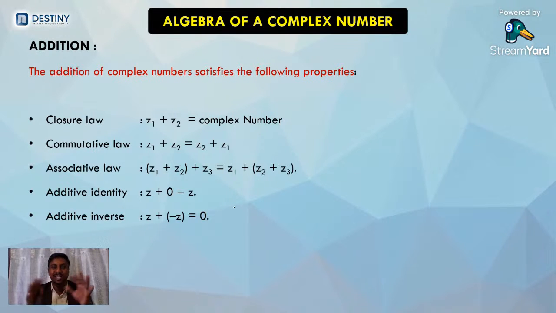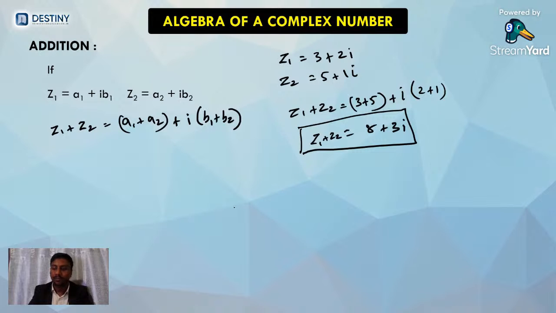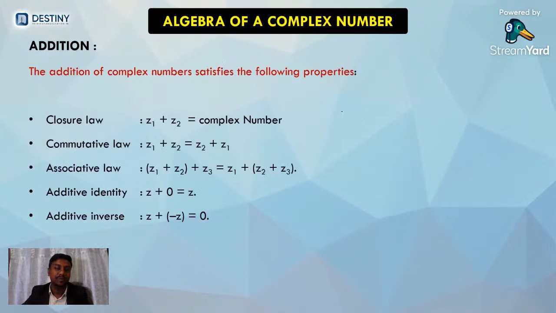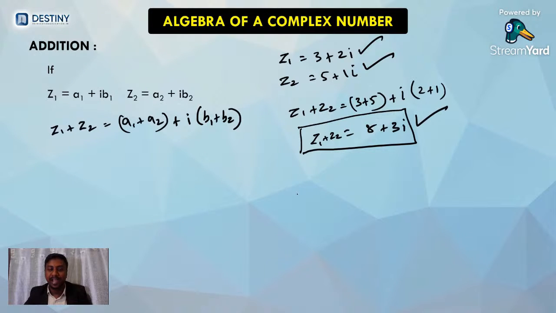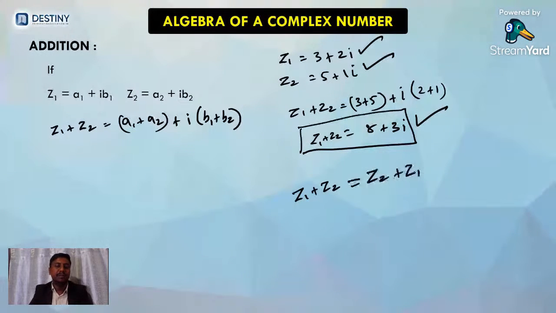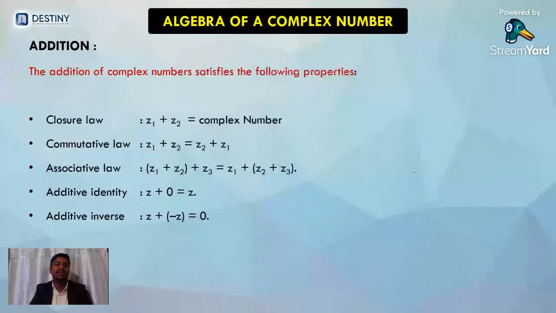It will be closed. If you take example of this number, this is a complex number, right? This is also a complex number. And commutative law. If I add Z1 plus Z2, it will be equal to Z2 plus Z1. Both are equal, right? So the commutative law also it will satisfy. Associative also.